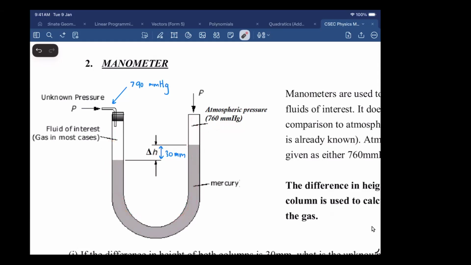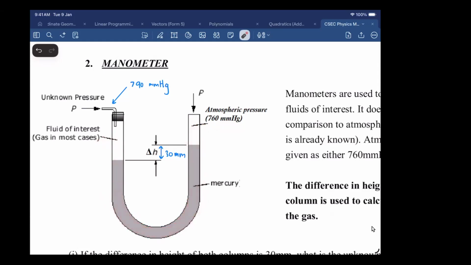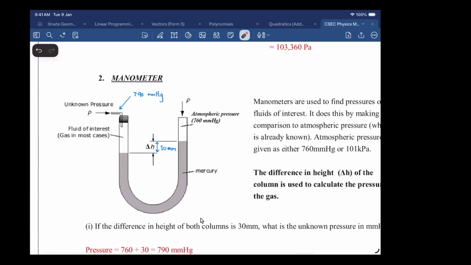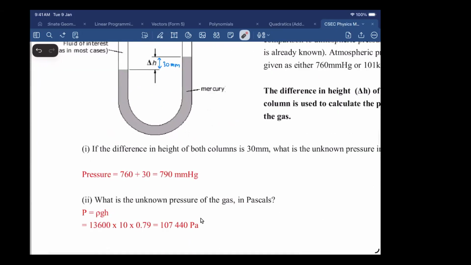So, Shina, try to understand that. If one of them is pushing the fluid up to 790, and the other to 760, wouldn't they cancel off and leave you with 30 millimeters remaining? Yes, sir. You sure you can visualize that? I just want to make sure you understand this.